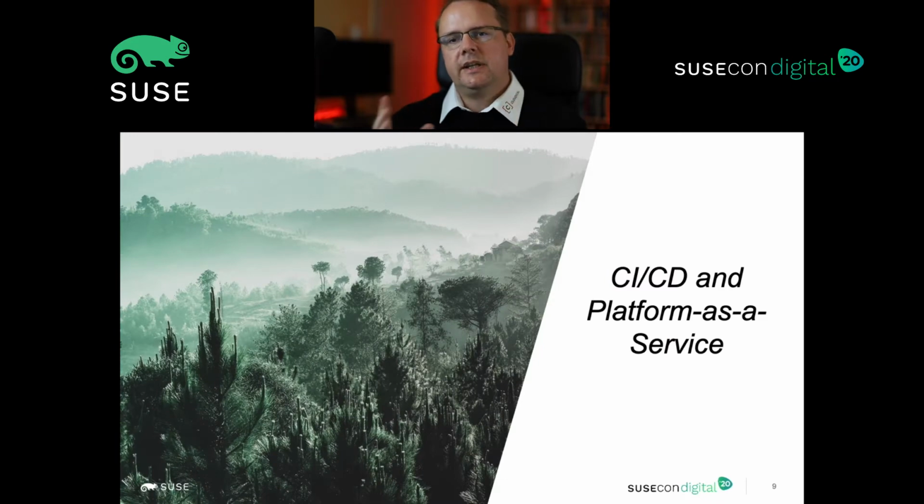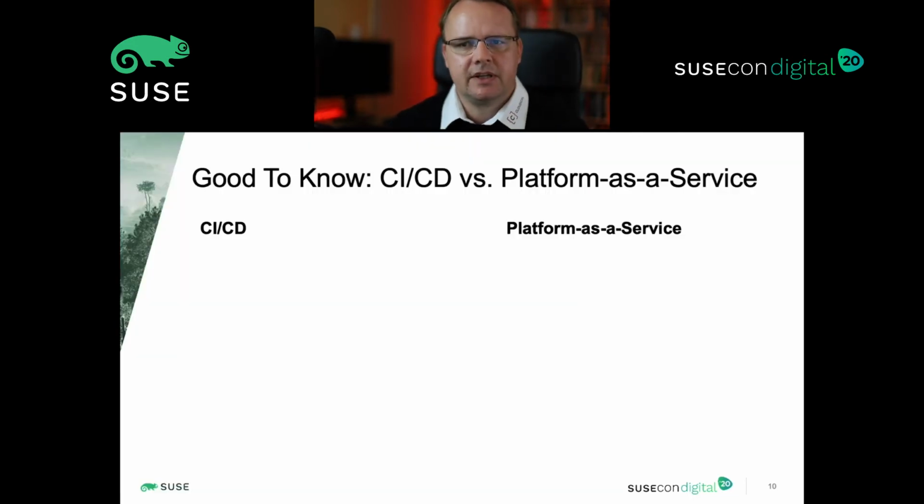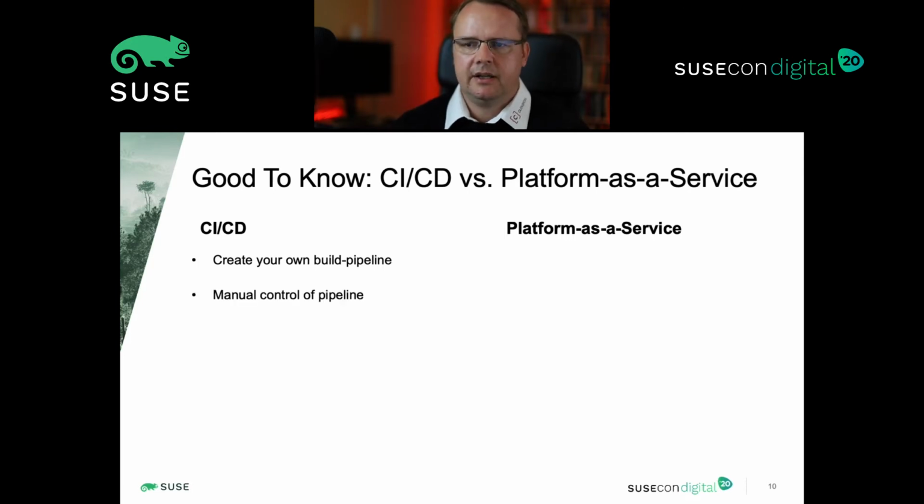Now, we already talked about CI/CD and platform as a service capabilities, but what is the difference between those two aspects? Let's have a look. First of all, let's talk about CI/CD. The traditional approach with CI/CD is that you create your own build pipeline and you are in control of the pipeline.